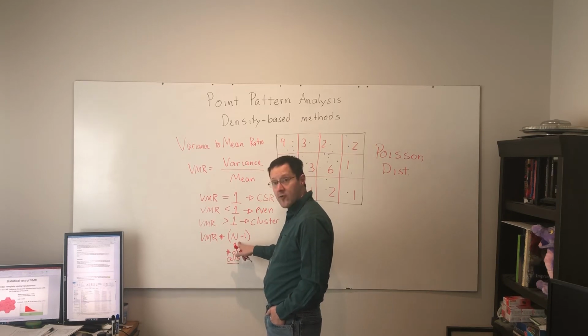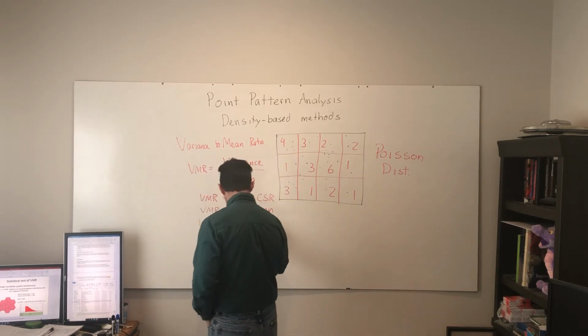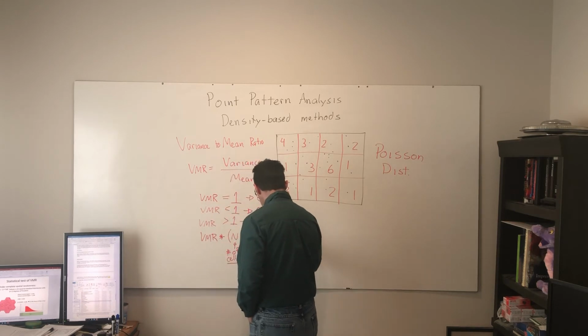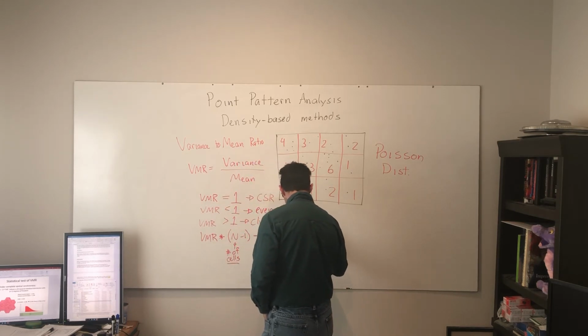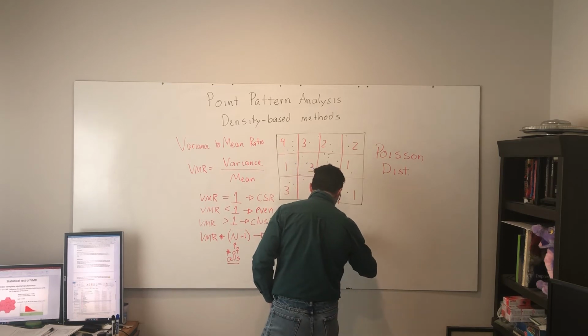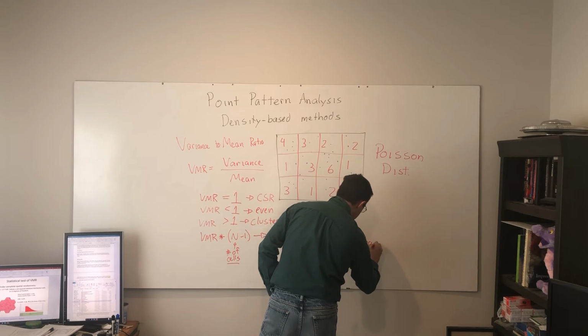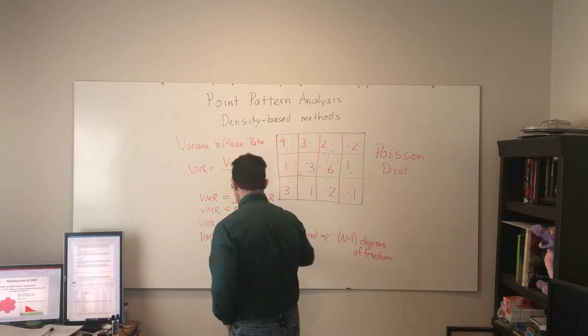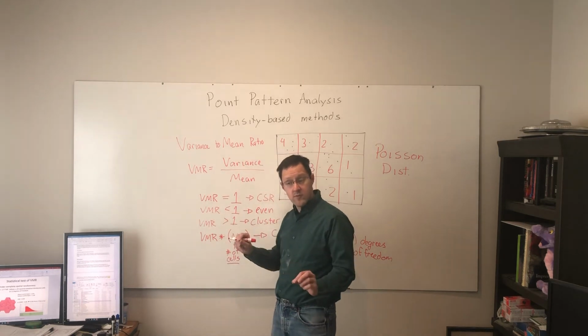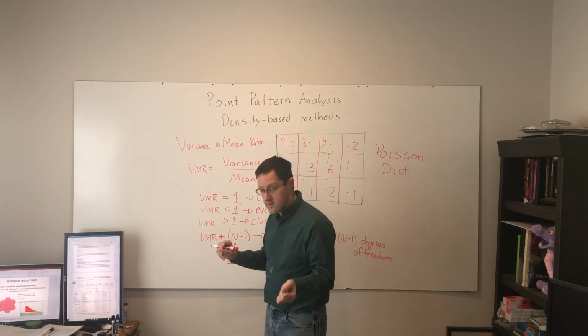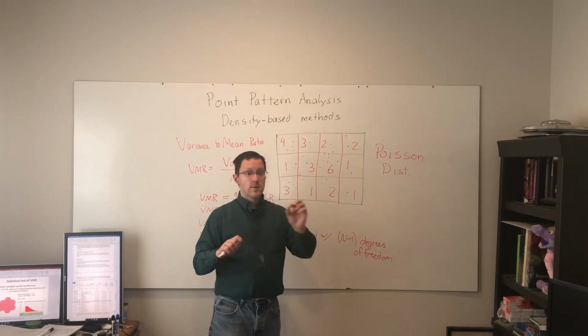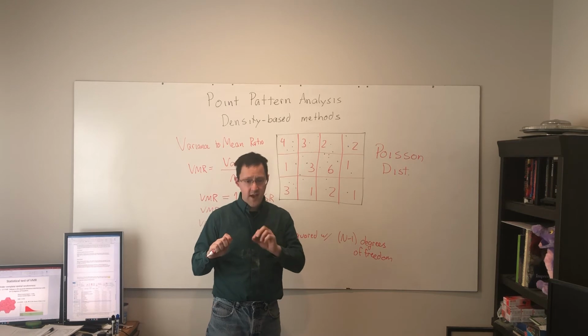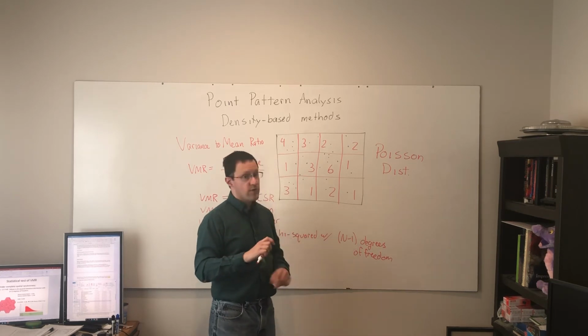This n is the number of cells, not the number of points. This product, the variance to mean ratio times the number of cells minus 1, that's going to follow a chi-squared distribution with n minus 1 degrees of freedom.